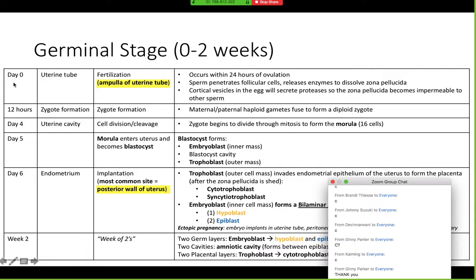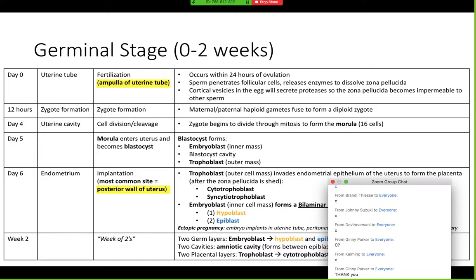On day 0, and I've had a lot of people ask me, when you list all these days, do I really need to know them? The answer is, I would know when fertilization occurs, so day 0, when implantation occurs, and then after that, you can just know it by weeks.